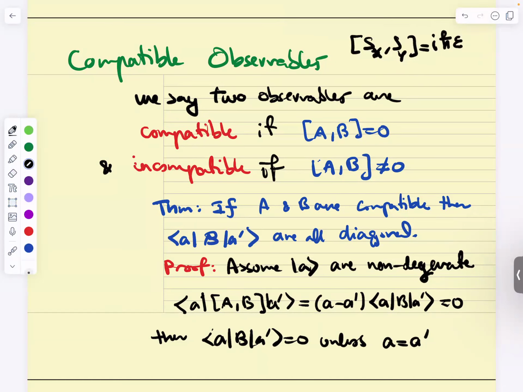That's why I say you have to do these things for yourself. You're going to get i h bar S_z. I think I just want to go forward, but you should be doing these little calculations. Each of them takes like 30 seconds or a minute, but it's important that you do this.